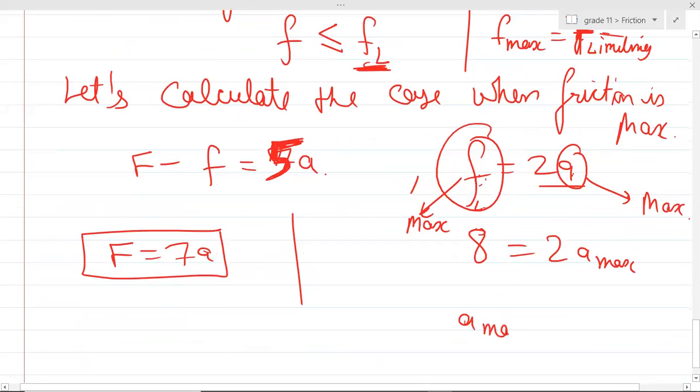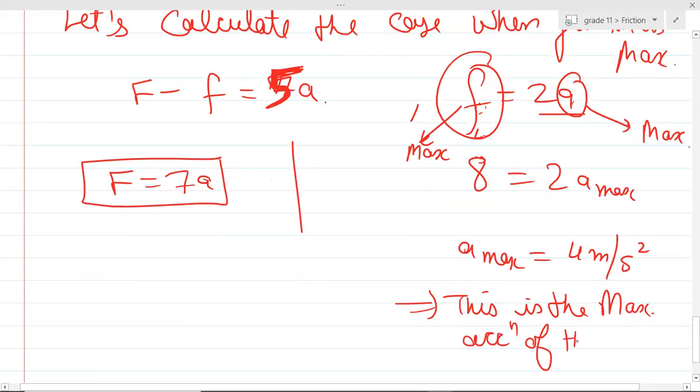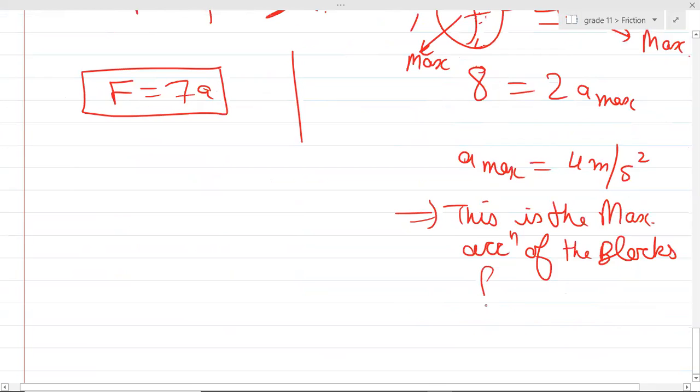So a max is basically the maximum acceleration of the blocks for which they will move together.